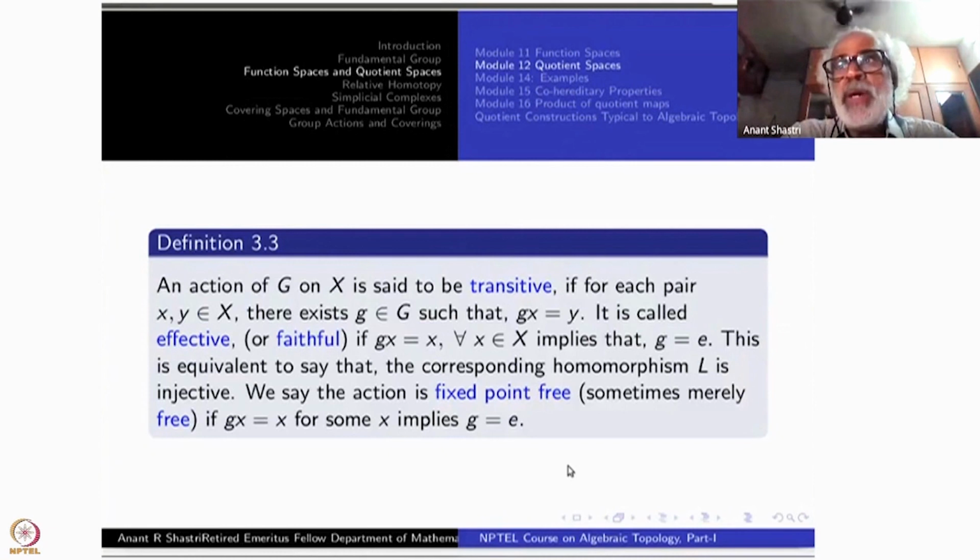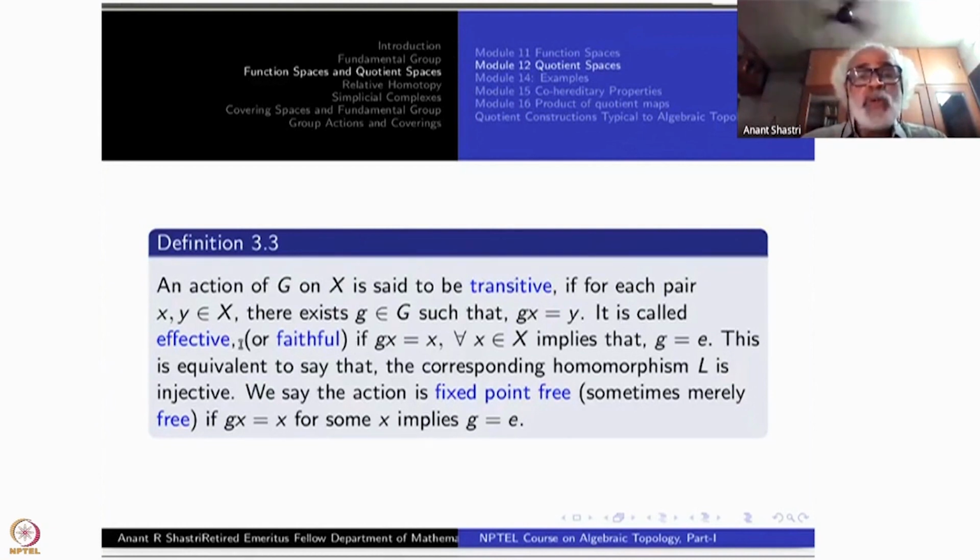So any two elements are related by an action of G. The element g may depend upon the elements x and y. This is the same thing as saying the entire X is one single orbit. Start with any point, you can go to any other point by an action of G. So there will be just one single orbit here, which is the same thing as the action being transitive.